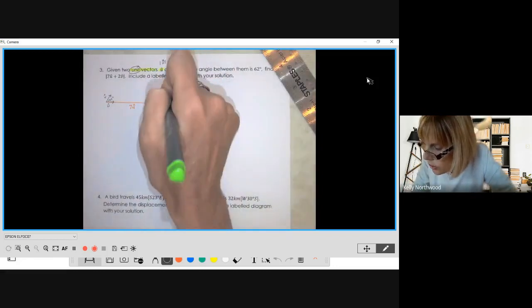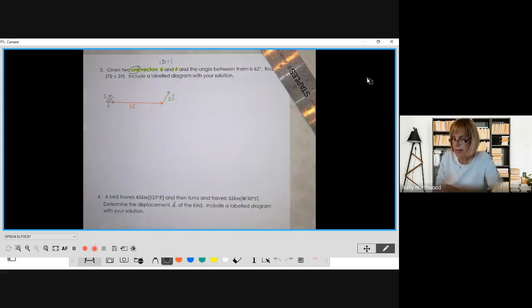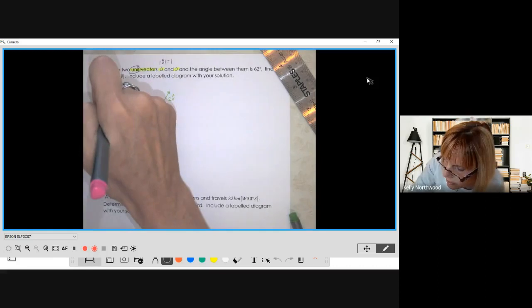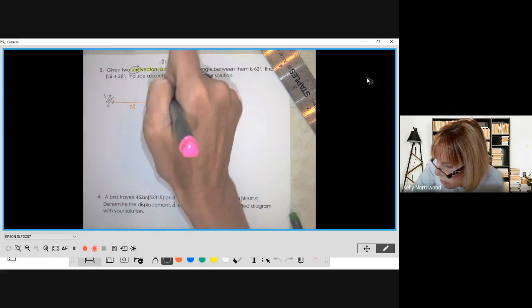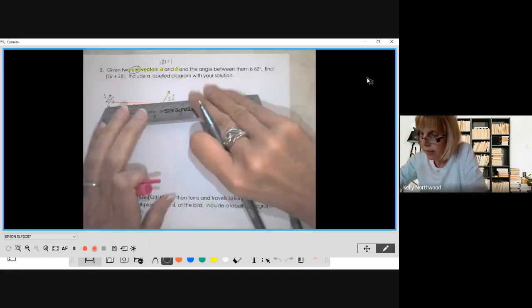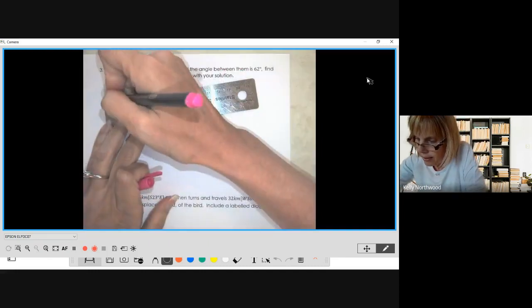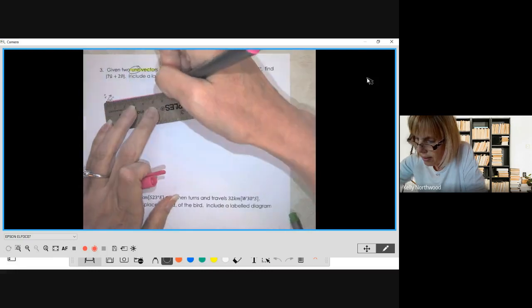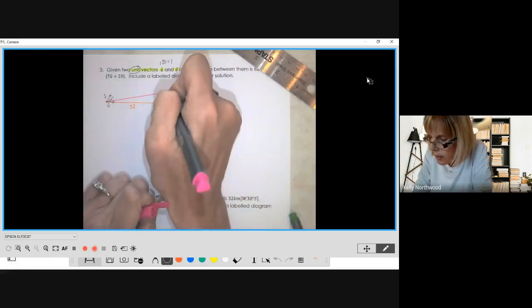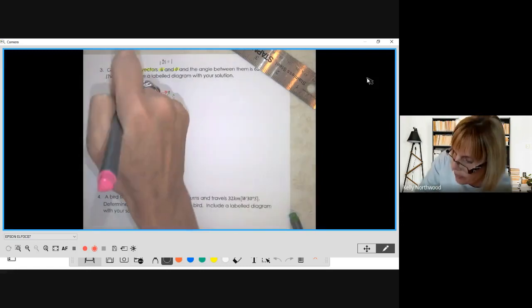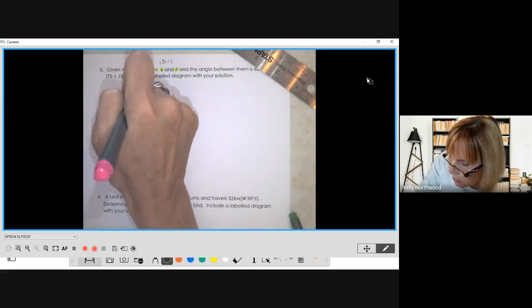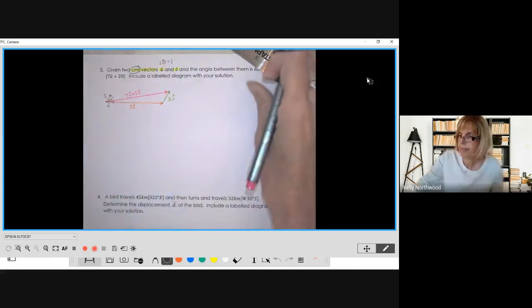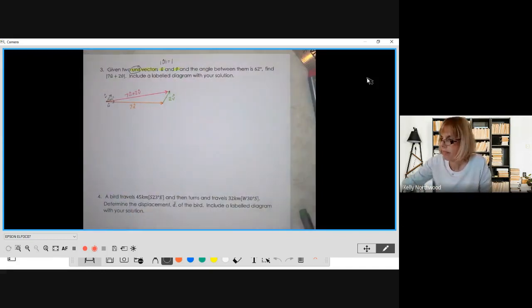So this is 2v hat. And then I want to show vector 7u hat plus 2v hat, so it's going to start at the tail of 7u hat and go to the tip of 2v hat. Arrow, and then label it 7u hat plus 2v hat. So there's my labeled vector diagram.